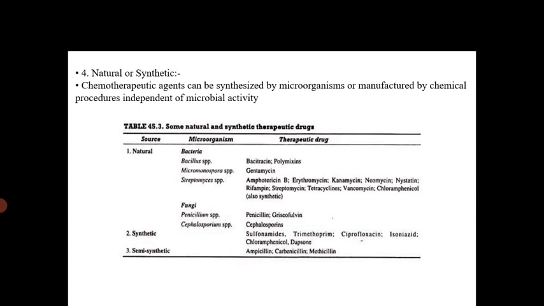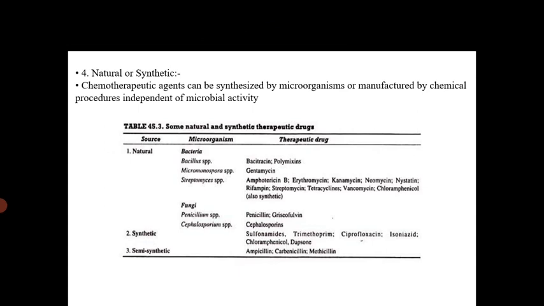In contrast, several important chemotherapeutic agents are completely synthetic. Understood? The synthetic antibacterial drugs are sulfonamides, trimethoprim, chloramphenicol, ciprofloxacin, isoniazid and dapsone. Please remember these drugs.